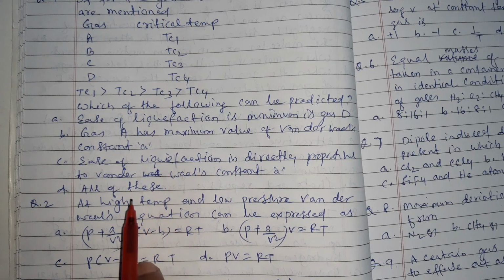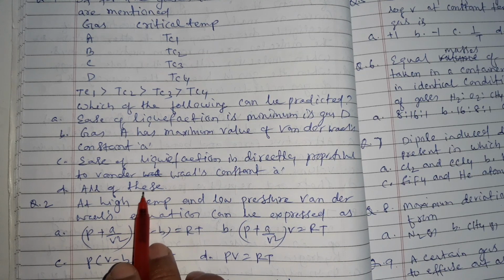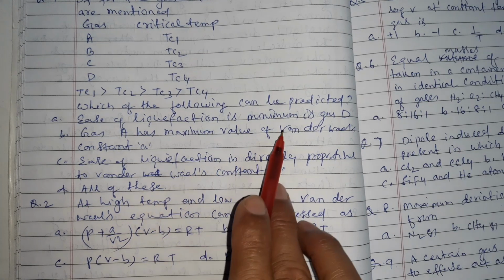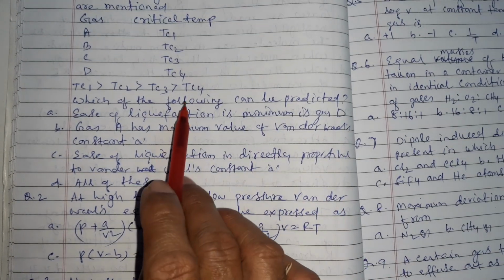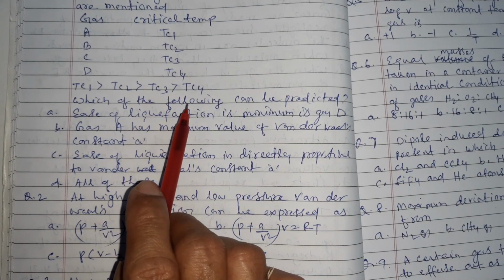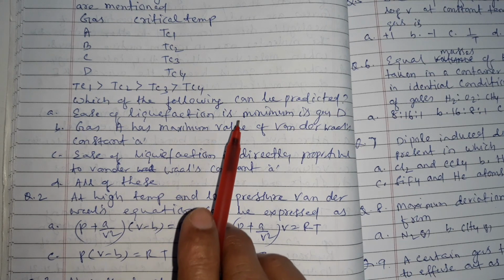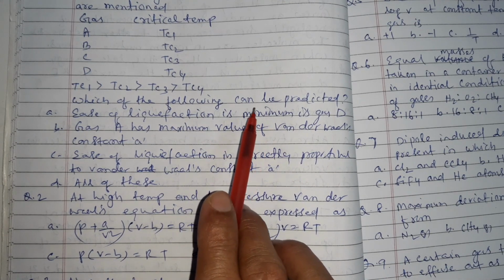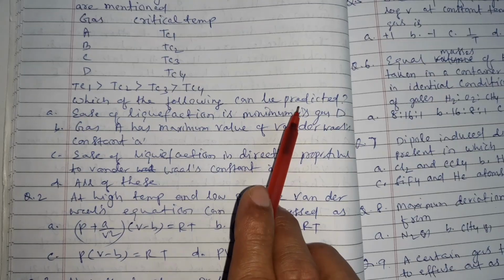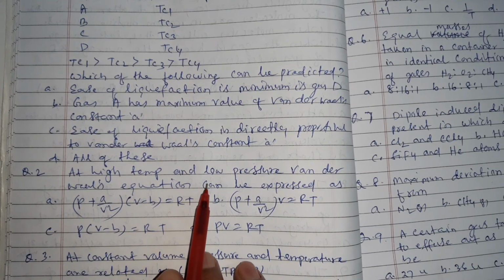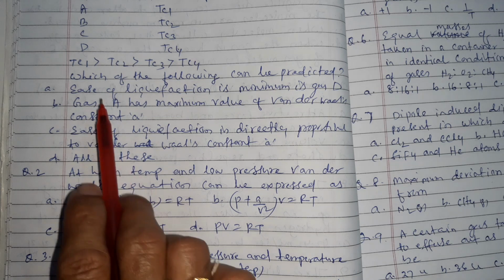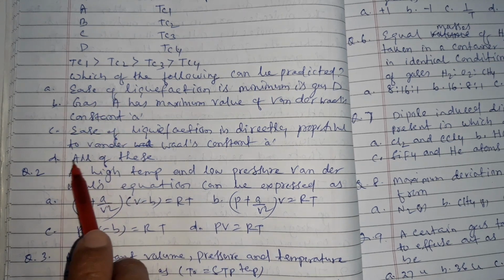So all of these are correct. From here what you learn is that the higher the critical temperature, the more easily the gas can be liquefied. So choice D is the correct answer.